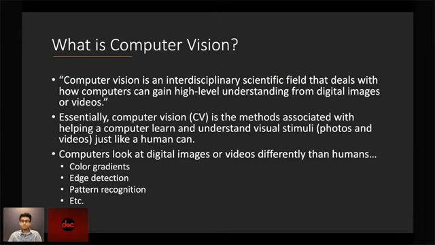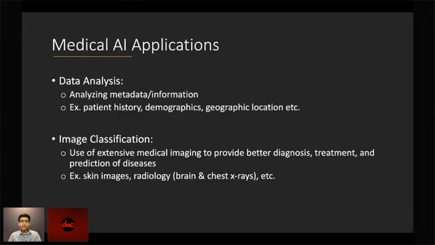In medical AI, there are a lot of applications using both general artificial intelligence and specifically computer vision. First, data analysis. This is just analyzing metadata or information to achieve some objective. This metadata and information can include patient history, demographics, geographic location, and a lot of other factors.